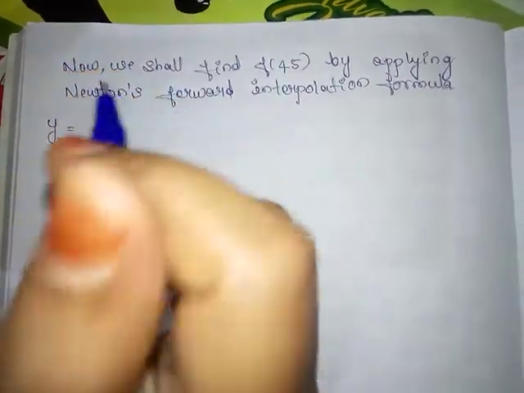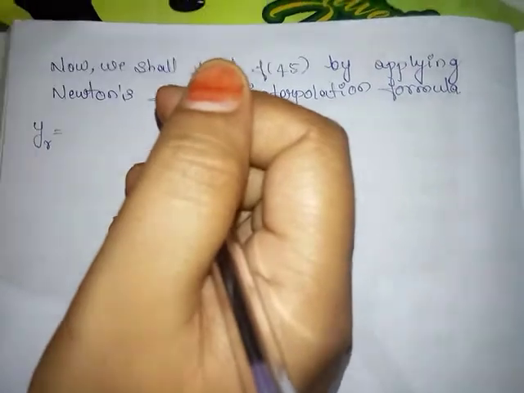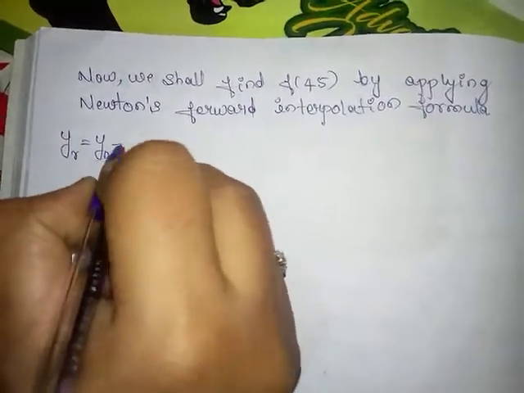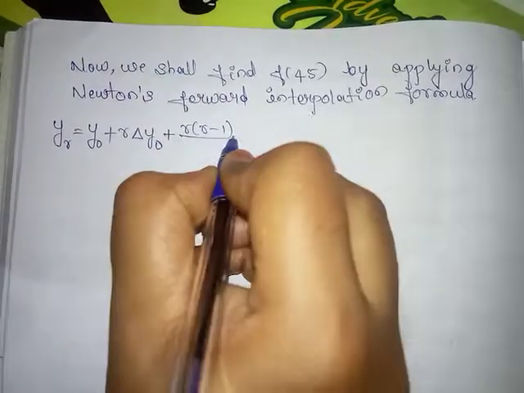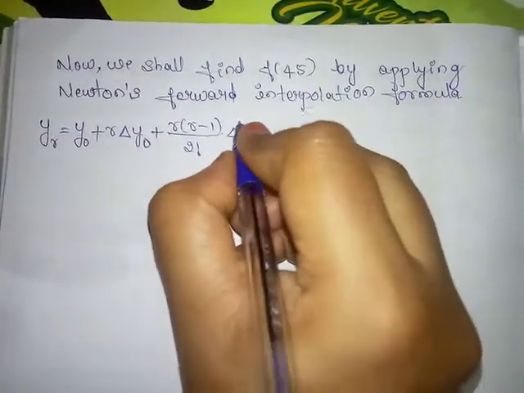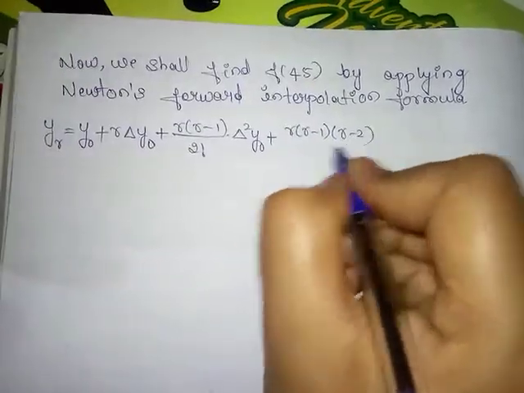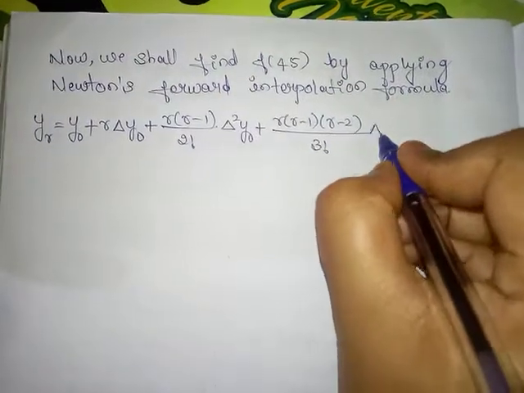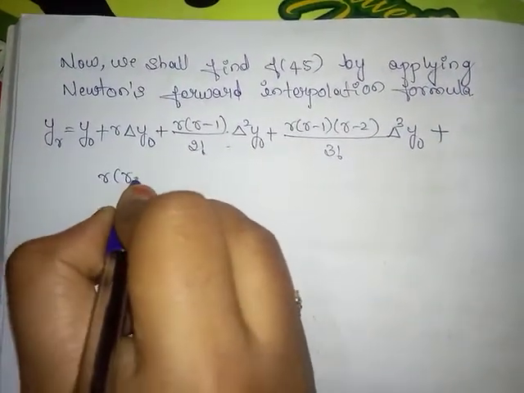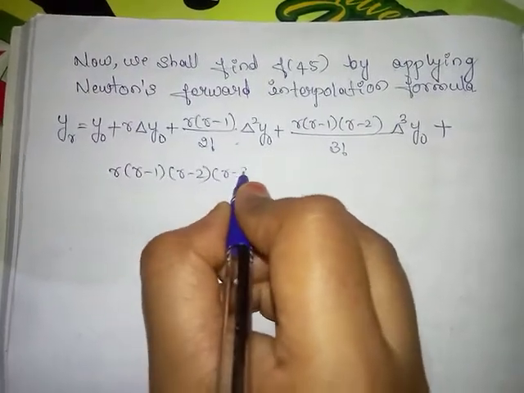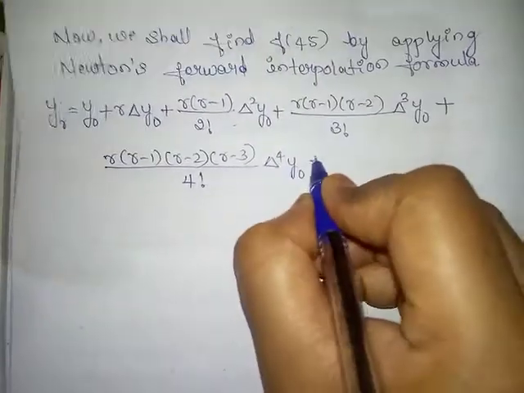In the difference table we have the terms up to fourth difference, so try to write all the four difference terms in the general formula. y naught plus r into delta y naught plus r into r minus 1 divided by 2 factorial delta square y naught plus r into r minus 1 into r minus 2 divided by 3 factorial delta cube y naught plus, I will write the next term here, r into r minus 1, r minus 2, r minus 3 divided by 4 factorial into delta raised to 4 y naught plus and so on.